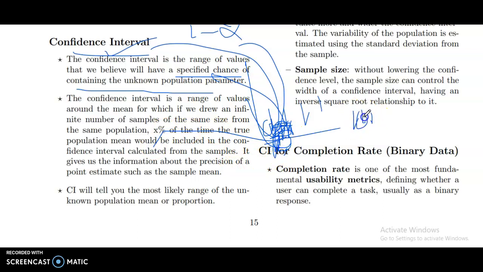It gives us information about the precision of a point estimate such as the sample mean.